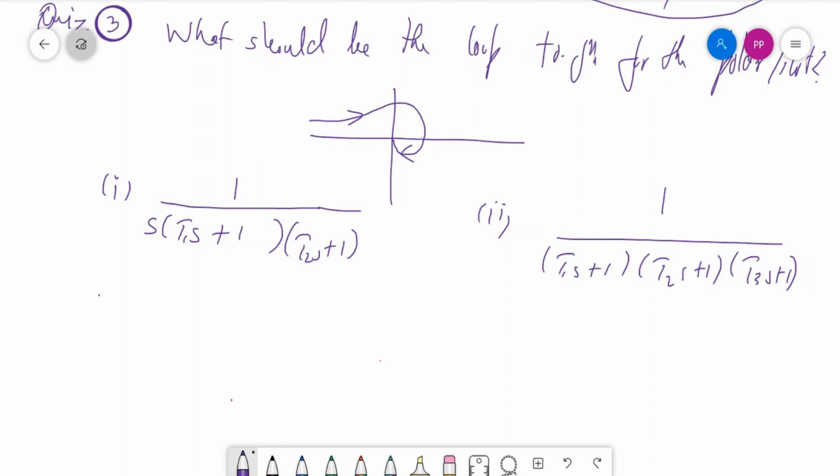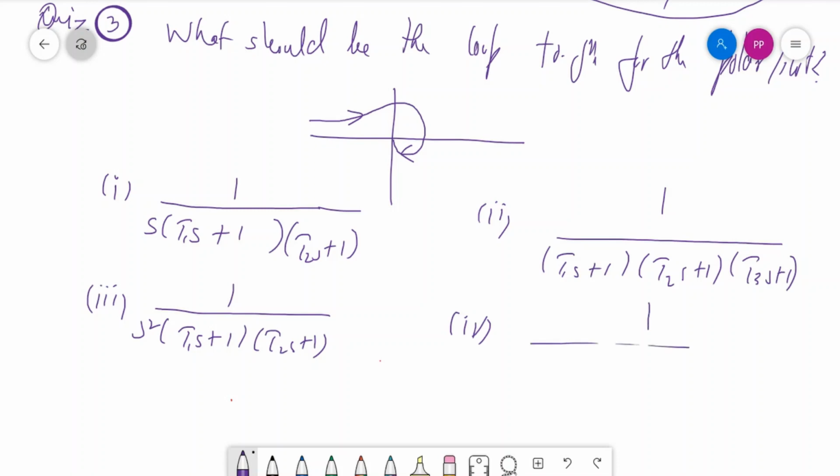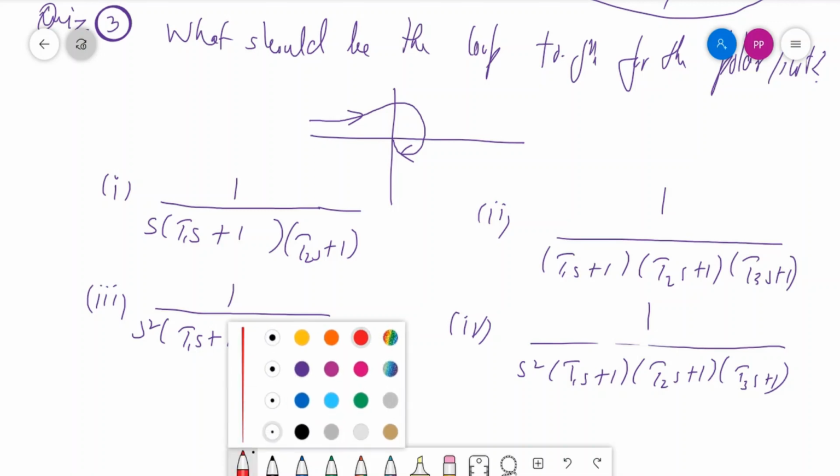The third transfer function is 1 divided by s square, tau 1s plus 1, tau 2s plus 1. And the fourth one is 1 divided by s square, tau 1s plus 1, tau 2s plus 1 and tau 3s plus 1. So we have the 4 transfer functions and we have to identify which is the right polar plot.